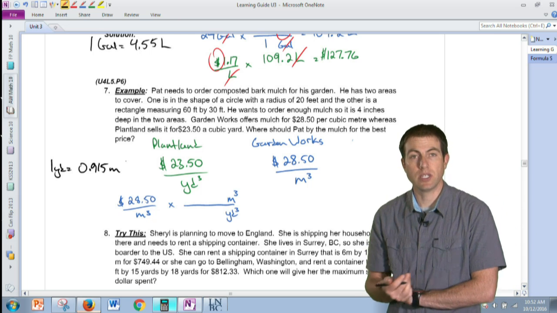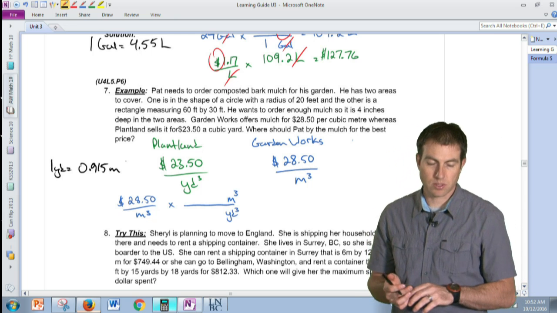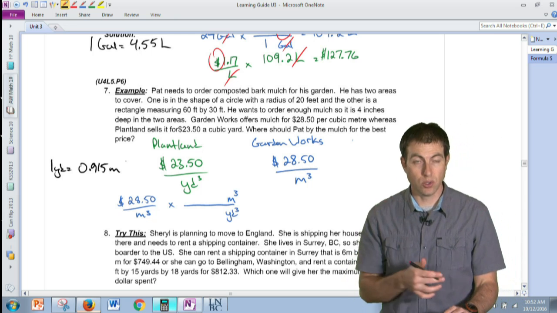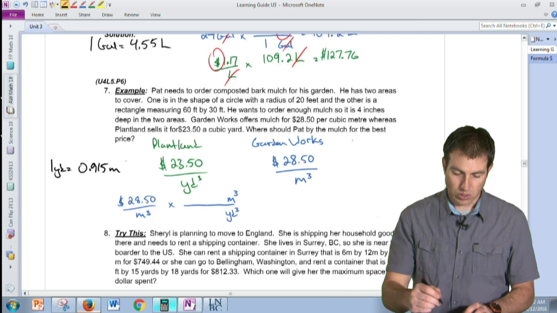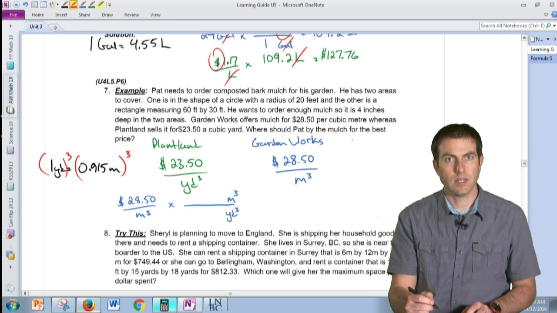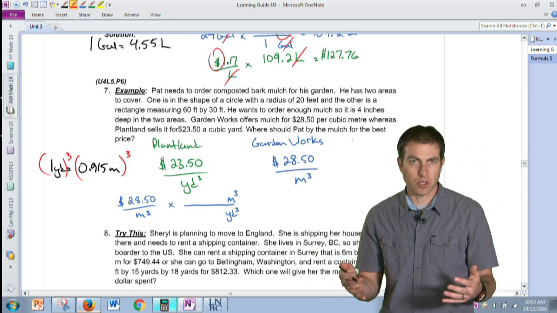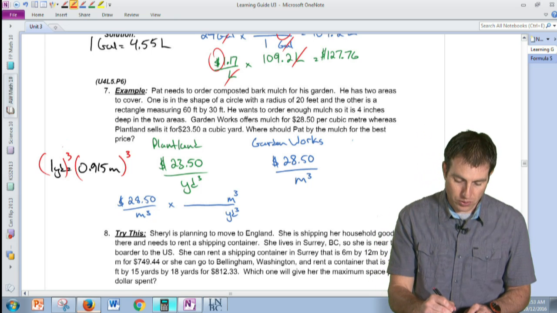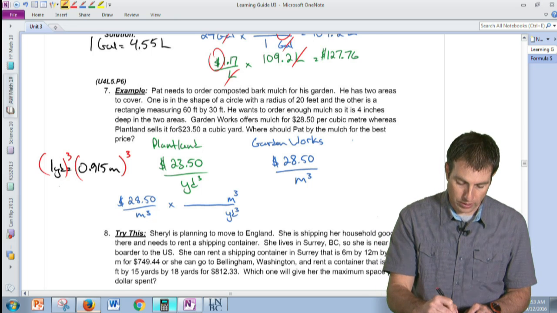Now, my calculation here isn't from yards to meters, it is from yards cubed to meters cubed. So what I want to do is, in my calculator, I want to cube these things. Length times width times height, a volume, it's cubed. The first one here, 1 times 1 times 1, is just going to be 1 yard cubed.